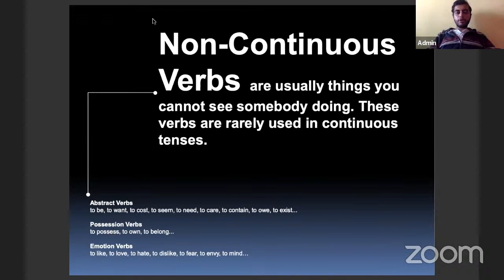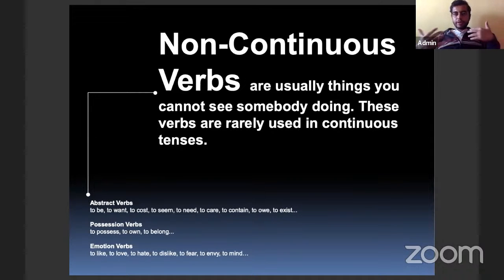So these are non-continuous verbs where you cannot see the action, because if it is a continuous verb, that means that action is continued for some amount of time. And if it is continued, that means the person who is watching the doer of the action has to see that the action is being performed.